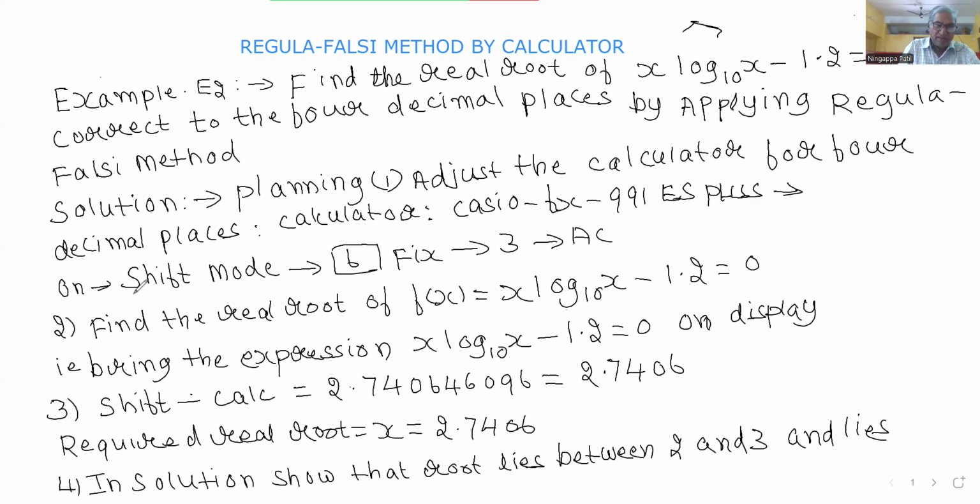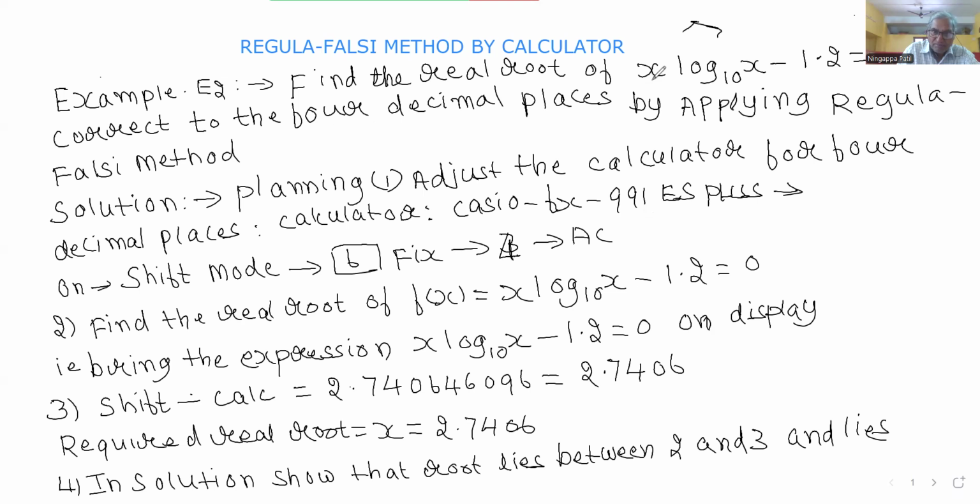On the calculator, press Shift and Mode, then 6, that is Fix, and then the 4 button. The 4 and AC means you have adjusted the calculator for 4 decimal places. This is the adjustment of the calculator for 4 decimal places.